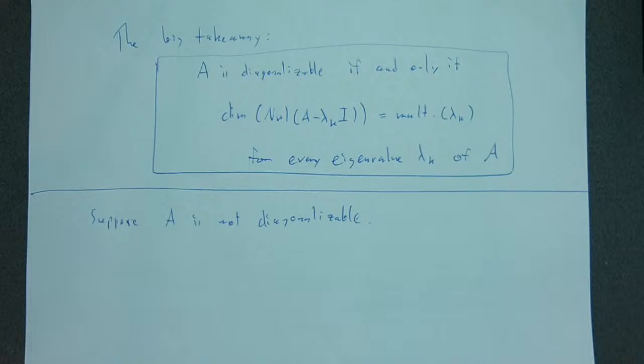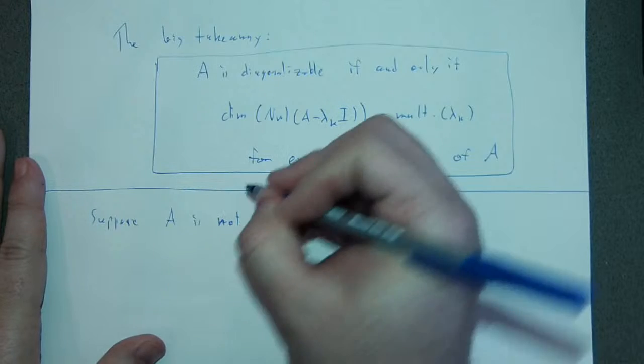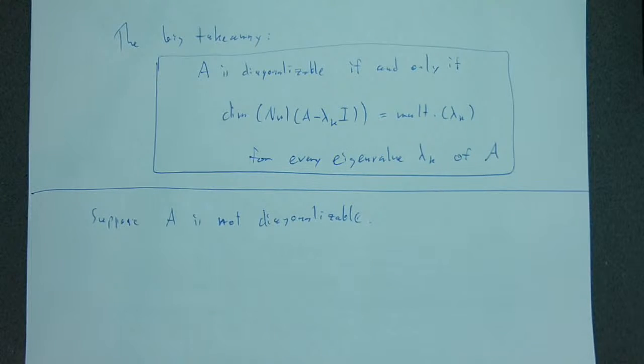Well, the answer is no, not totally. We're not totally done here. In fact, basically any matrix can be put into a form that, while it's not diagonalizable, is, we'll say, close to being diagonalizable.